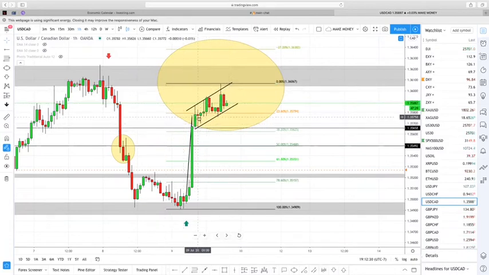Now, I'm not trying to contradict what Marcus said or anything. He's absolutely right. We are expecting a move down. At the same time, we have to wait for what the candles are trying to tell us, okay?